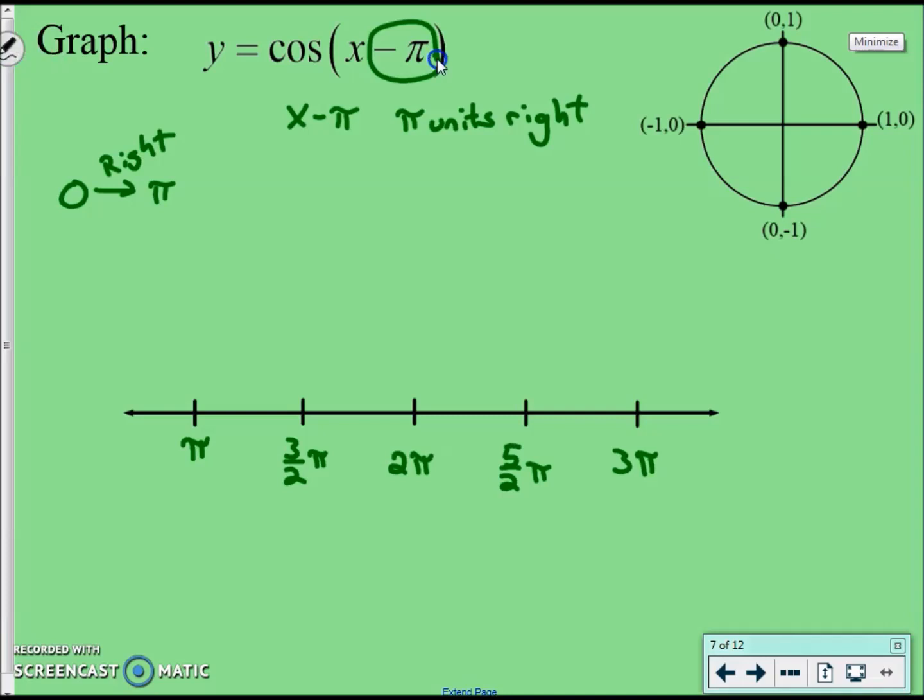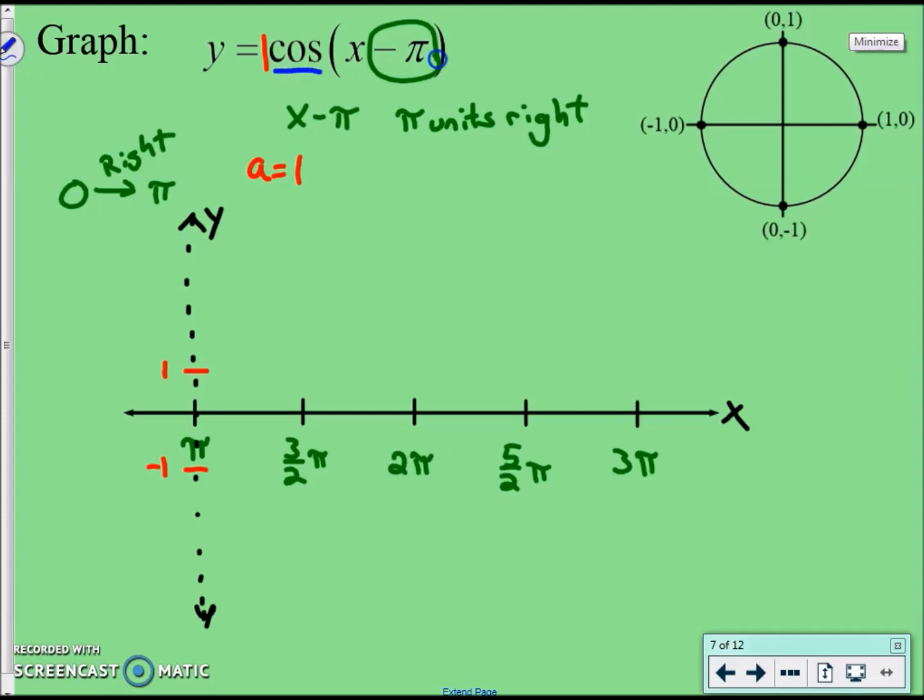I can draw on my y-axis over here. My amplitude here is 1. Since my amplitude is 1, I'm going to mark off 1 and negative 1 above and below the x-axis.